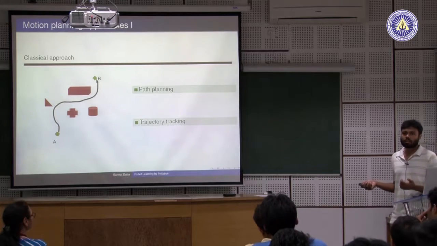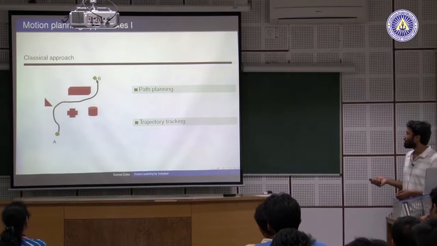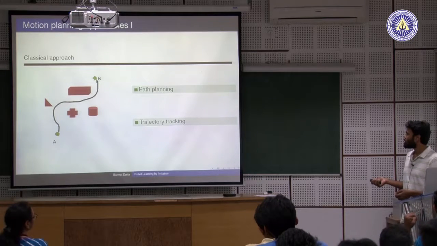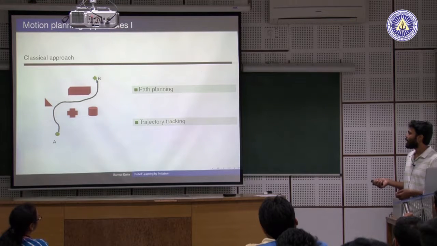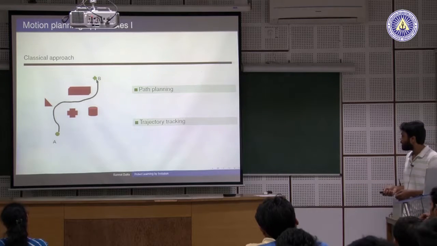That is where classical control theories can be used, but these never took care of what environmental feedback should be there in the motion planner. So, these approaches did not work well.